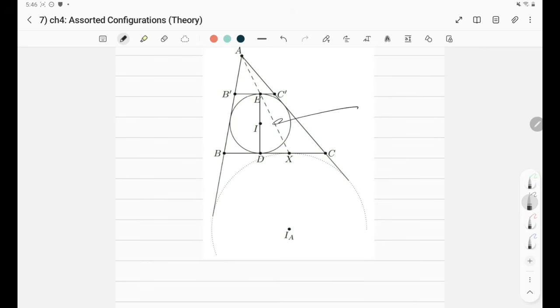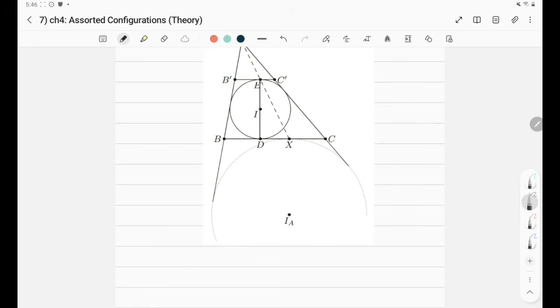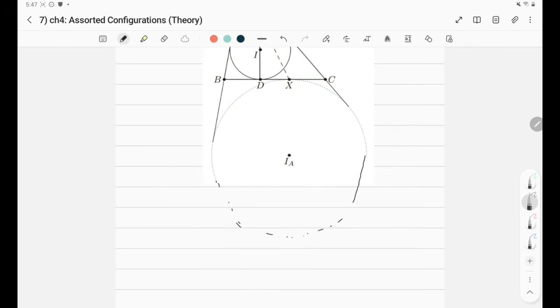So before, we know that this is the incircle of ABC, now this should also be the incircle of the new triangle A, B prime, C prime. So for example, if you just continue the circle like this, then this line will be mapped there, right?